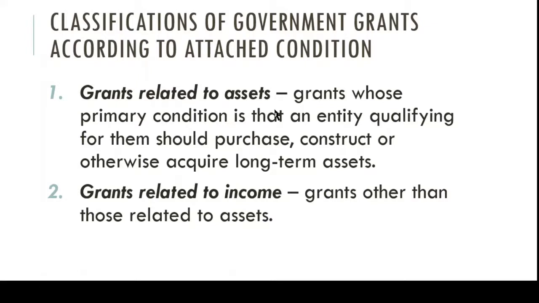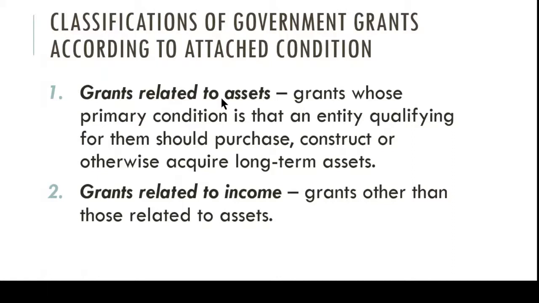The first one are the grants related to assets, which are grants whose primary condition is that the recipient entity should acquire or construct long-term assets. So from the term itself, that is related to an asset. So the condition should be the acquisition or the making of an asset.